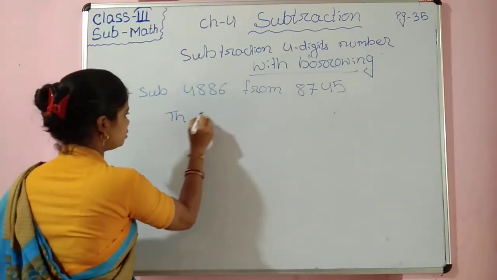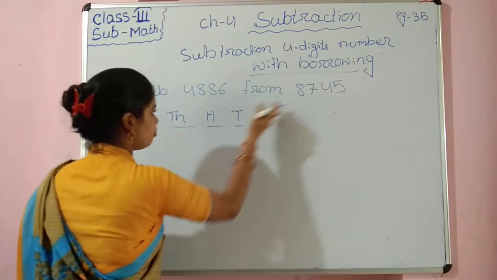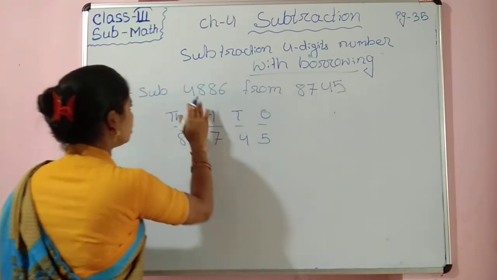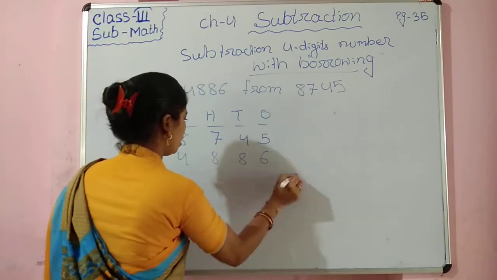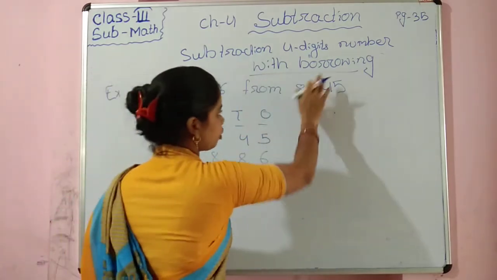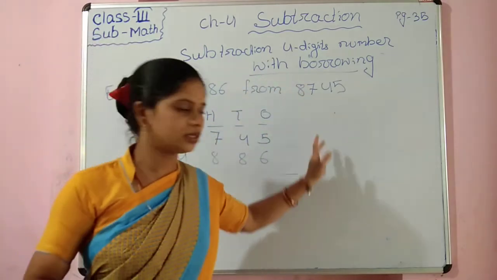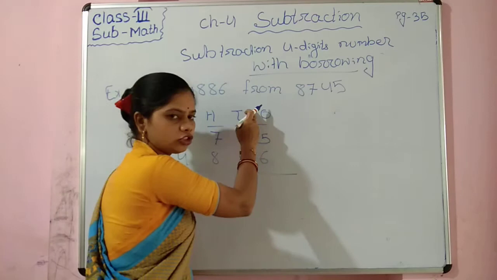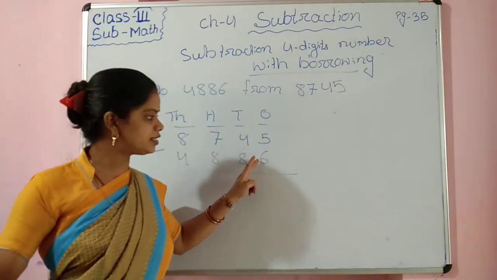Thousands, hundreds, tens, ones. Put the number 8745 here and 4886 below. Look, first we subtract the digits of the ones place. Here 5 ones and 6 ones.